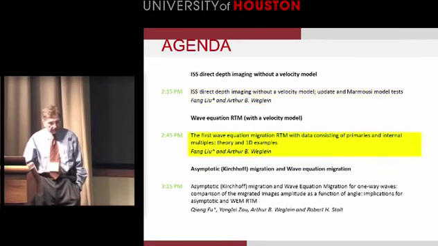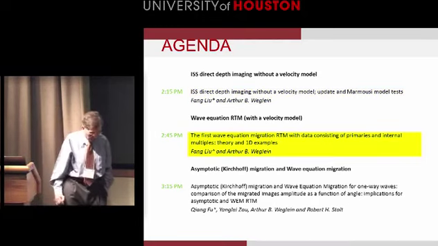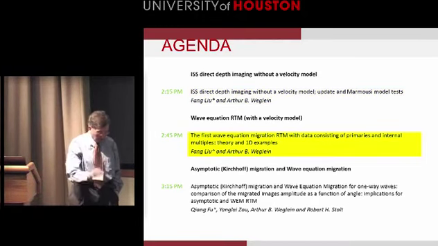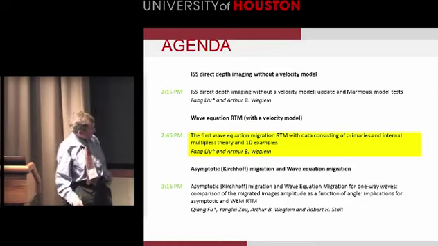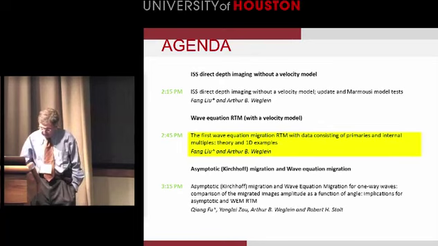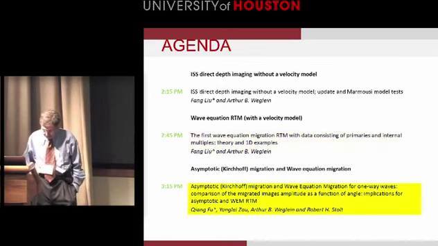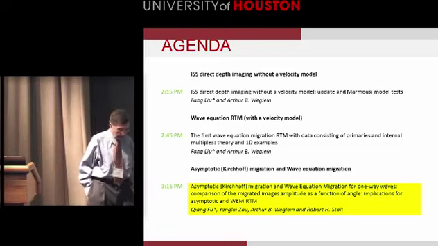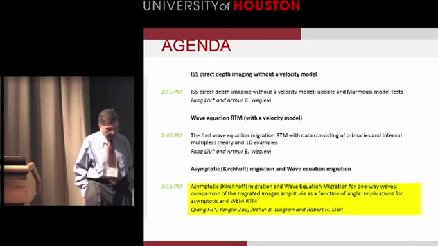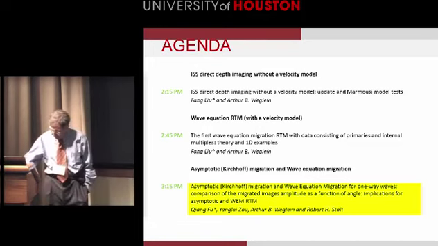Then we'll just remind you of Professor Fan Lu's example, just to summarize, to give you some tutorial on one-way and two-way wave equation migration. Just sort of get to the point there. And then last but certainly not least, are two talks that talk about the amplitude properties of asymptotic versus wave equation migration for one-way waves.